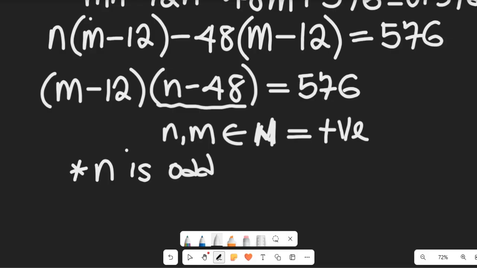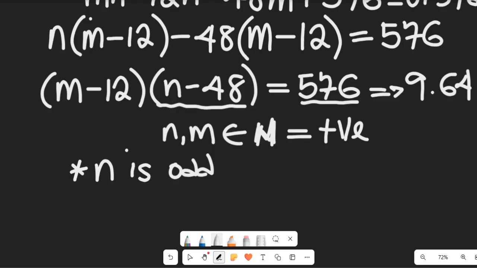So what do we have? If we want that expression to be odd, since all of this is equal to 576, then the factors of 576 can simply give us 9 multiplied by 64.